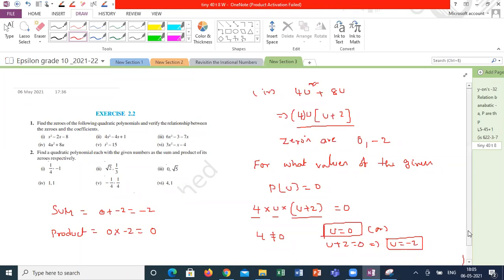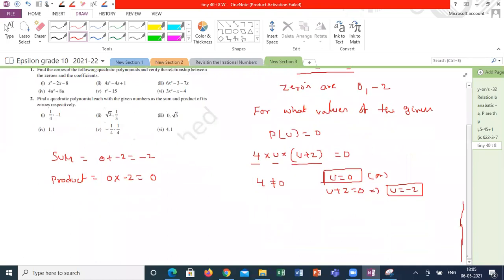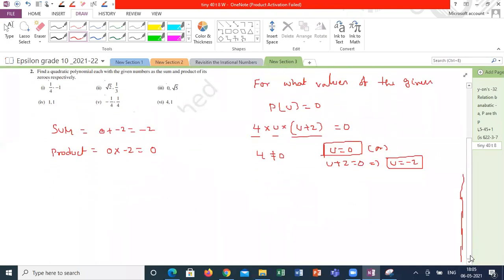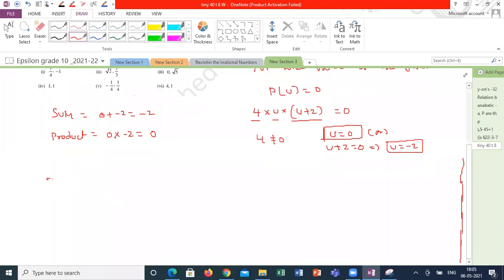Now, the given expression is 4u square plus 8u, where a is equal to 4, b is equal to 8, c is equal to 0. My sum of the zeros is minus b by a, that is minus 8 by 4, minus 2. Yes, it's verified. The sum is verified.